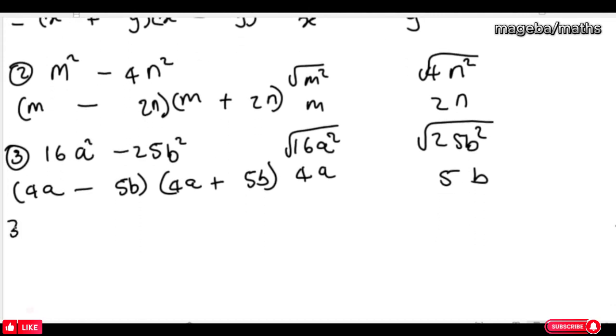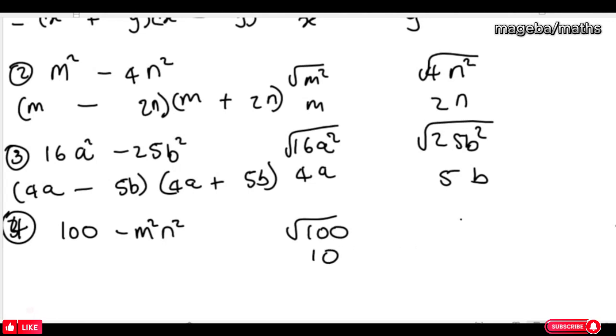And then having number 4, we have 100 minus m squared n squared. Going to our hundreds here, finding the square root of 100, it's what? It's 10. Coming here, we have m squared n squared. We must find the square root of this.